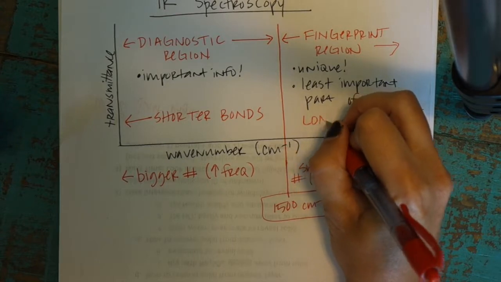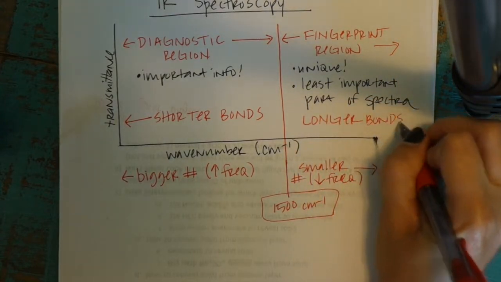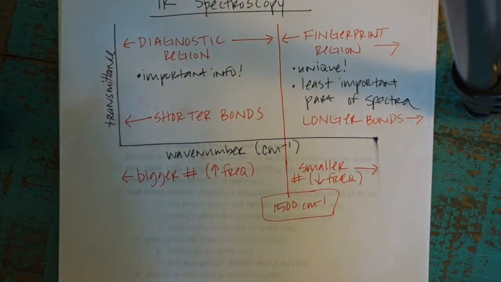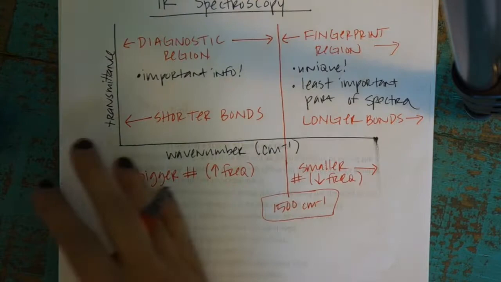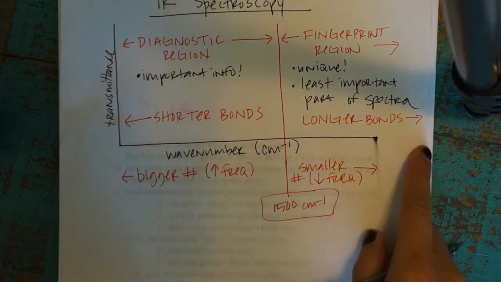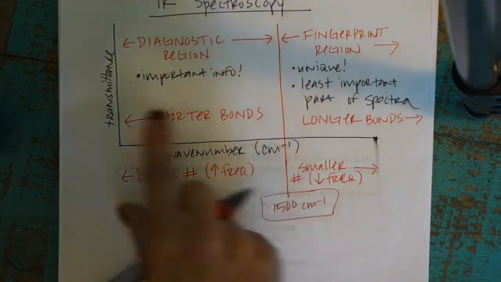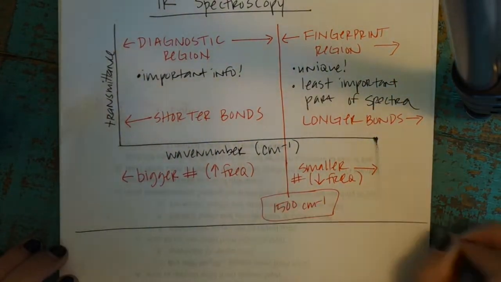And then the longer the bond, the farther to the right it will show up in the spectrum. So you can sort of memorize stuff, and there is a little bit of memorization to do here, but it's generally sorting the bonds from short to long. And that's kind of the general rule of thumb for looking at and identifying IR spectra.